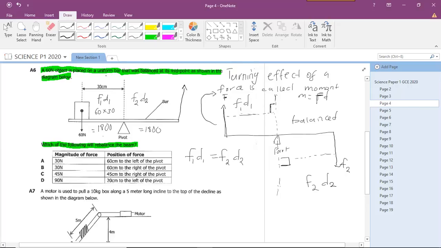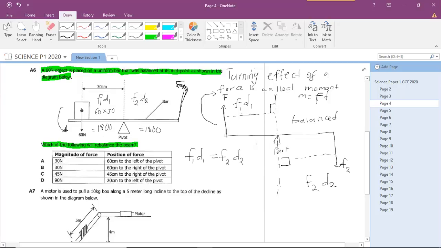So this one is pulling it down in this direction, and the one pulling it on the other side should be equivalent, so that the ruler can balance once more.